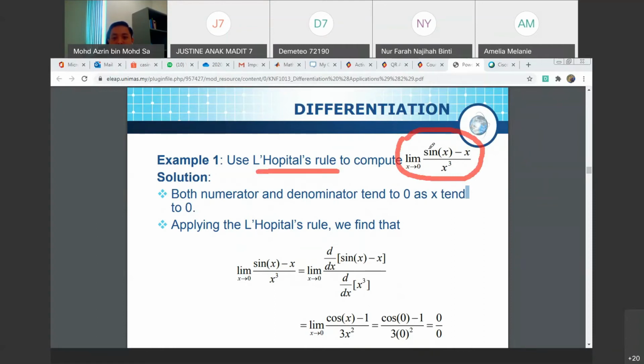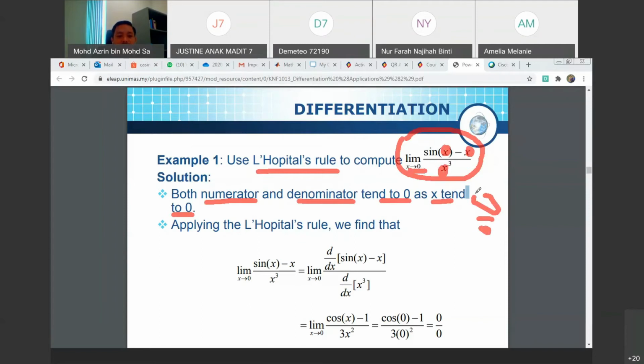So limit sine x minus x over x power of 3 where x approaching 0. So if you simplify, masukkan 0 dekat sini, so you will get both numerator and denominator tend to 0 as x tend to 0. So now kalau you simplify masuk 0 kat sini pun dia adalah 0, 0 lah. You will get 0, 0.